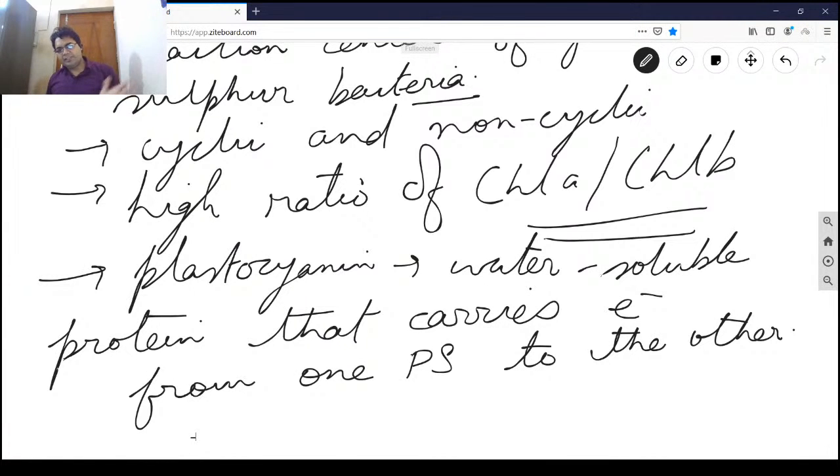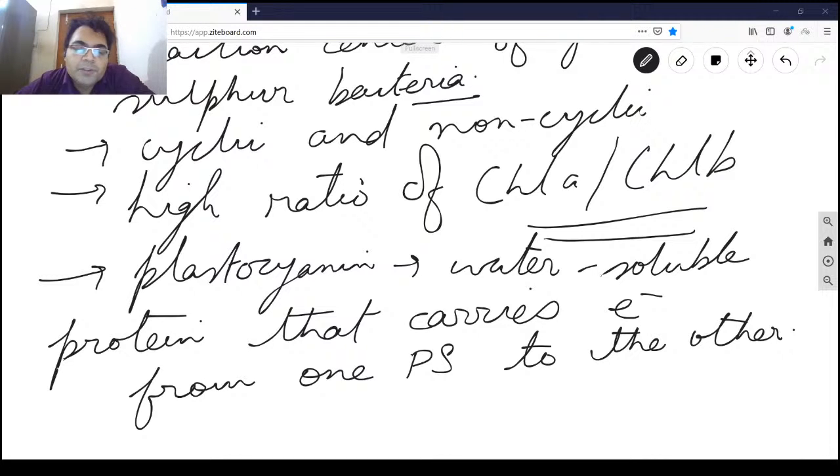So oxidation of water will happen, it will lose electrons, so that is done. So we know that in photosynthesis, the water evolving complex plays a great role.